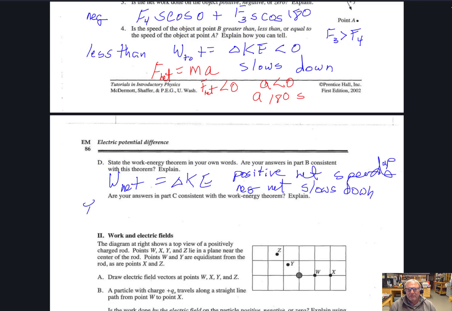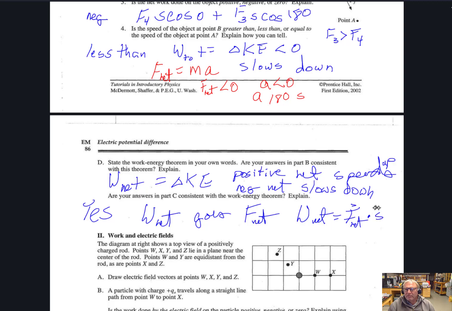Oh, yes, but I don't know how one explains this. Blindingly obvious? I don't know. I'll explain. Oh, yeah. Work net is proportional to, or goes as, F net, because work net is equal to F net dotted with S. There you go.